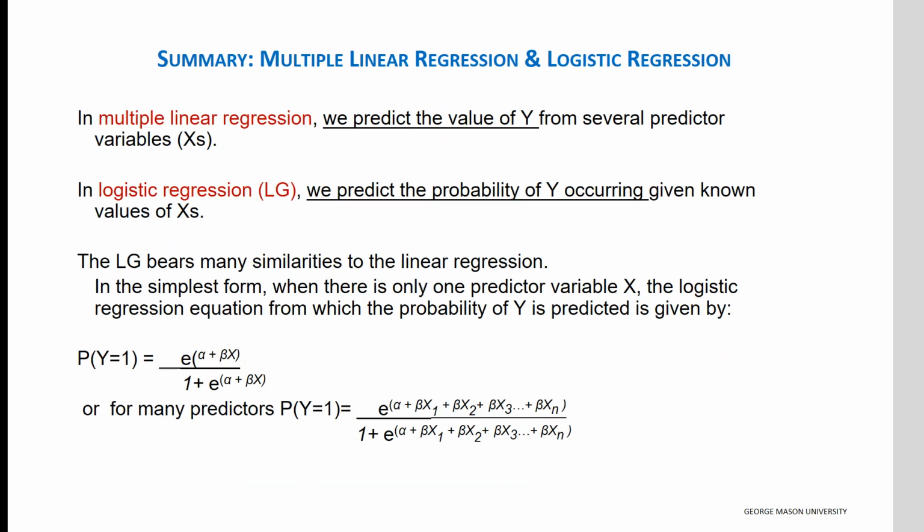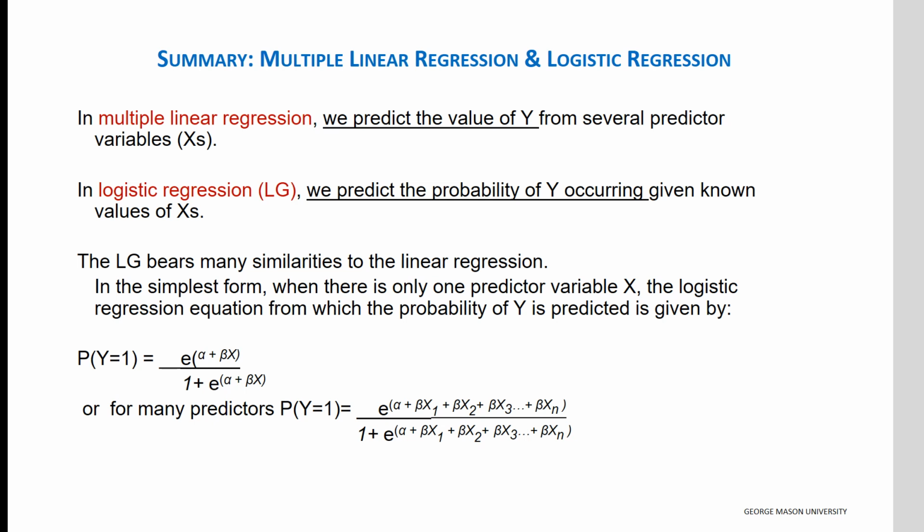So what is really the association between multiple linear regression and logistic regression? Both of those types of regressions are related, but they follow a different process in terms of how the coefficients are calculated. In multiple linear regression, we predict the value of the dependent variable from several predictor variables. In logistic regression, we predict the probability of y occurring given known values of x.